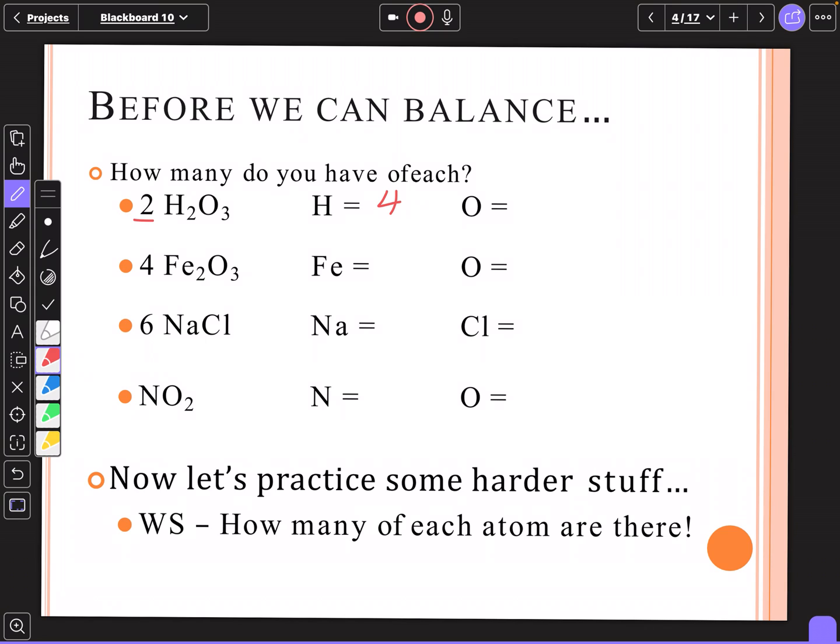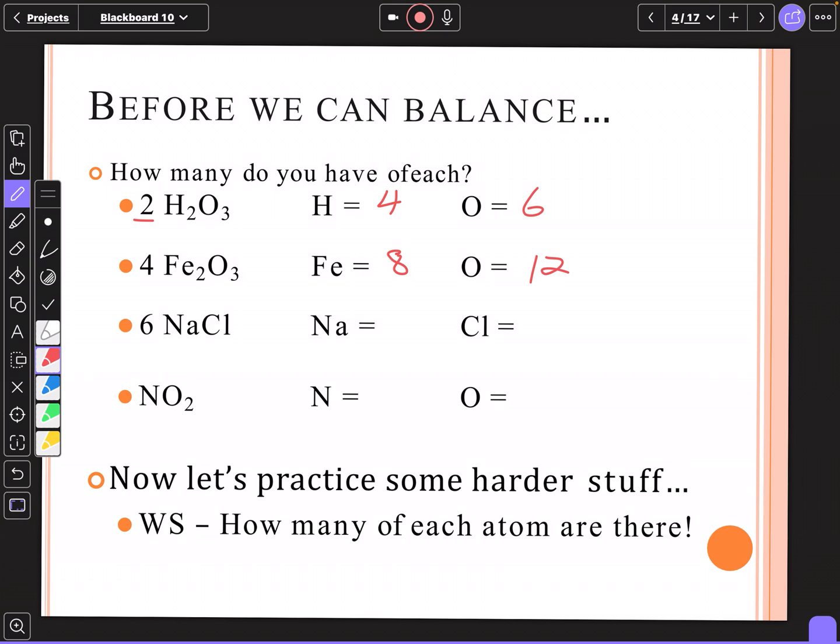And then 2 times 3, I would have 6 oxygens. Now, our next example, if I have 4 Fe2O3, iron(III) oxide, I would multiply the 4 for a total number of irons of 4 times 2. That would give me 8 irons. Then 4 times 3 would give me 12 oxygens.